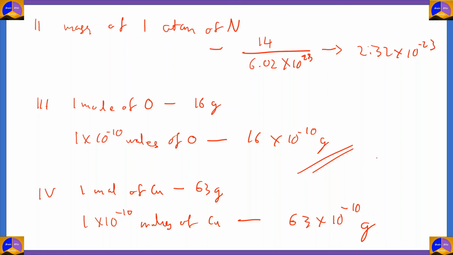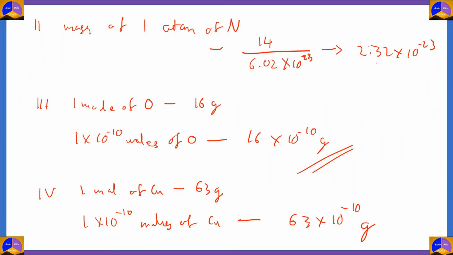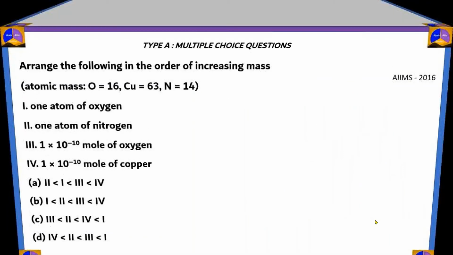So if you notice, we find that in options 1 and 2, we have the same order, 10 raised to minus 23. But we find that 2.32 is lesser than 2.66. So therefore, we can write 2 is less than 1.